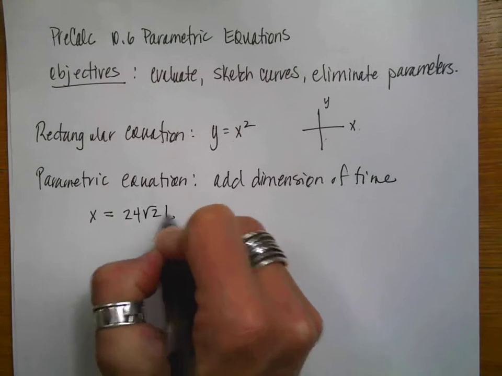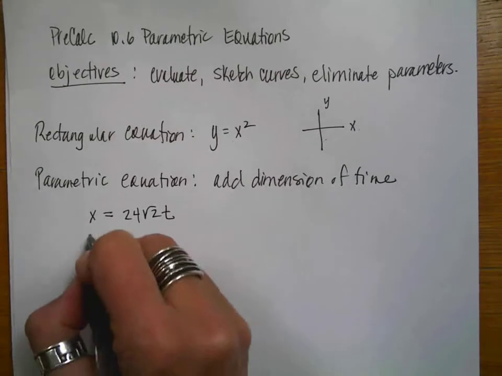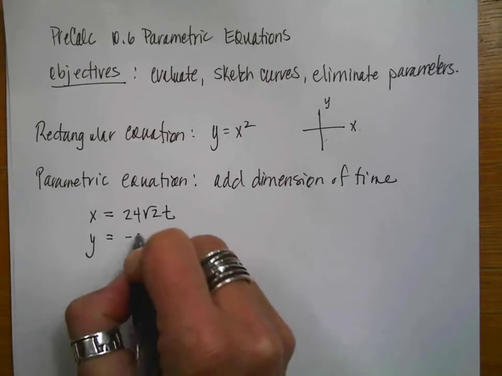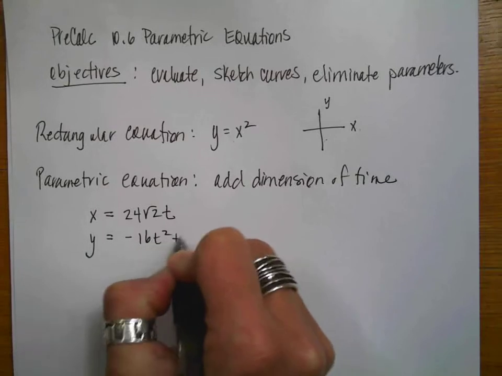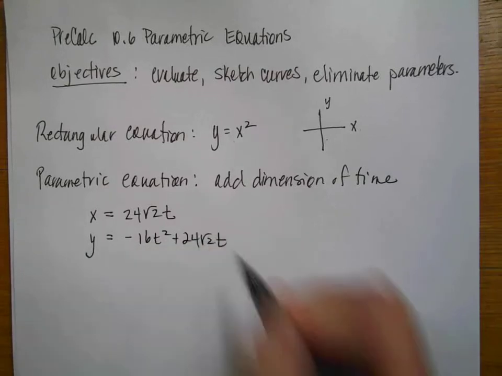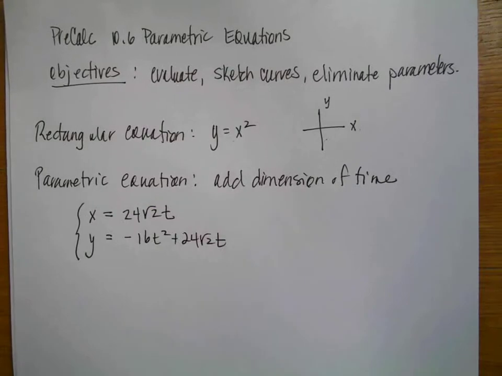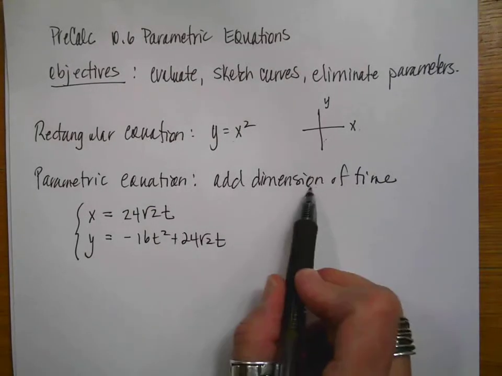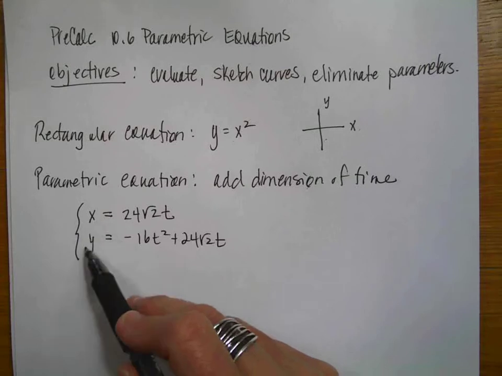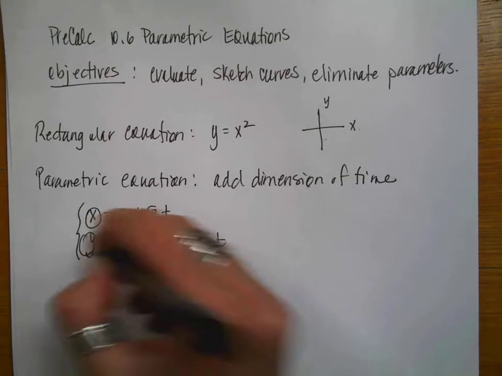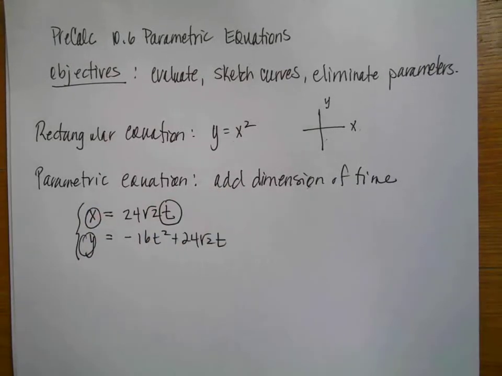So maybe an equation looks like this. It has an x component and a y component, 16t squared plus 24 radical 2t. So that would be an example. Parametric equations take two equations because I have three variables, 1, 2, and then the third is t for time.